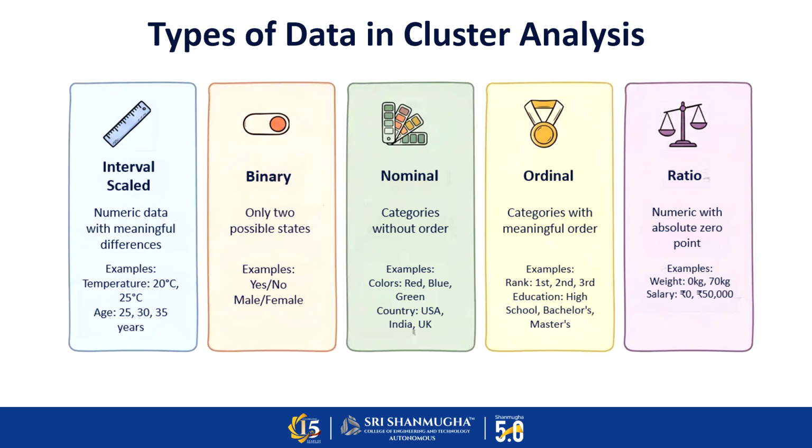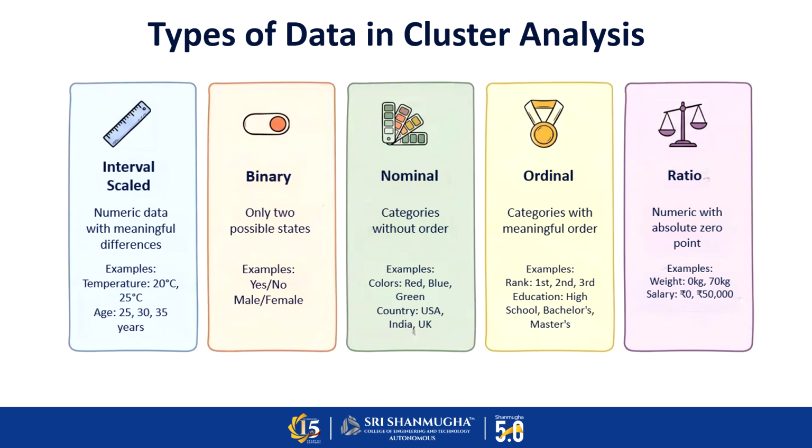For example, education level: high school is less than bachelor, bachelor is less than master's, master's is less than PhD. Survey rating: poor is less than average, average is less than good, good is less than excellent. Competition ranks: first, second, third. So the order matters, but we cannot say good is exactly 2x better than poor.